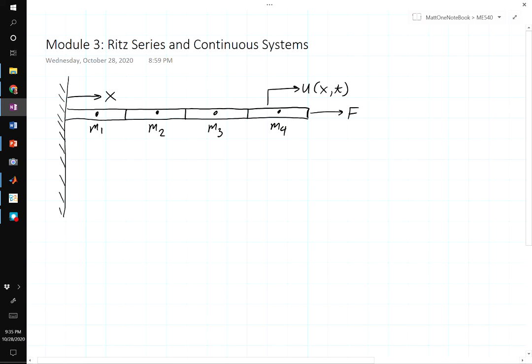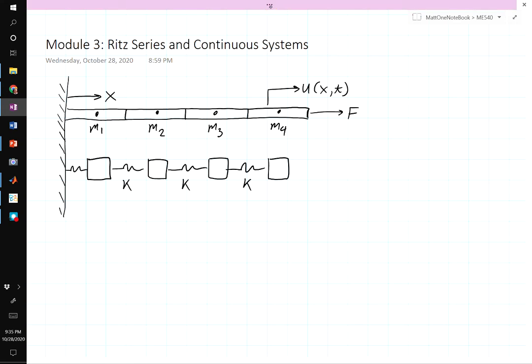And then we could create a lumped model such as we're used to. So we'd have these 4 masses, and then we'd need springs to connect them. And so if we call the stiffness of those springs K, that would represent the stiffness of the material between these 2 points.